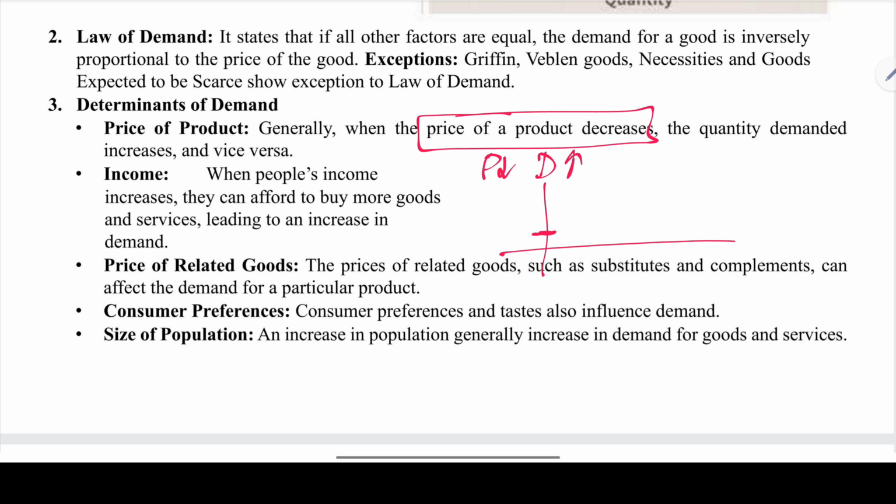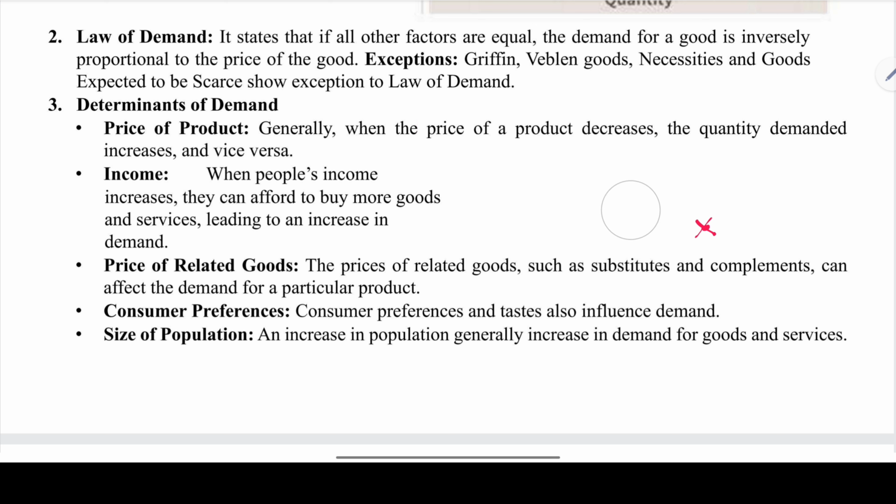When the price is high, fewer people demand it, and there are some intermediate points. If you join these, this is the curve we are going to get. When the price of the product decreases, the quantity demanded increases, and vice versa.